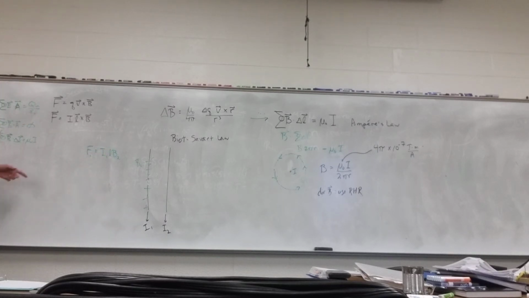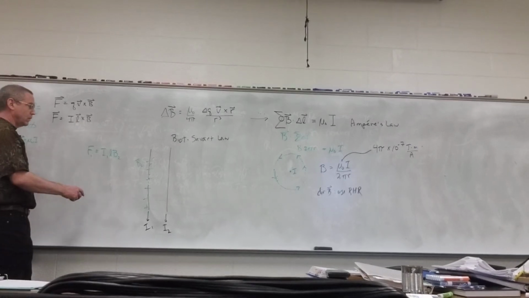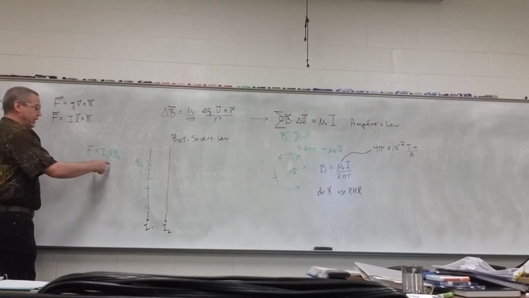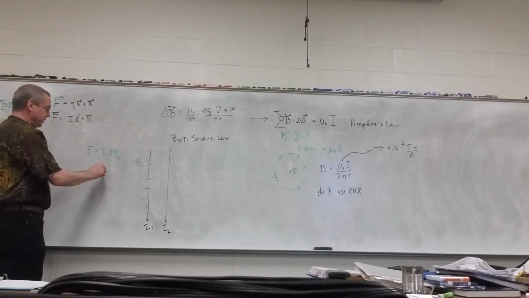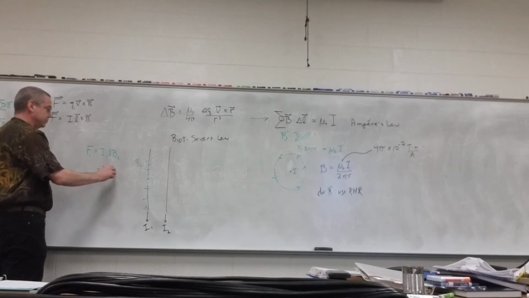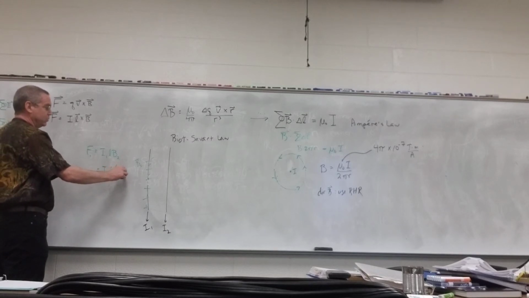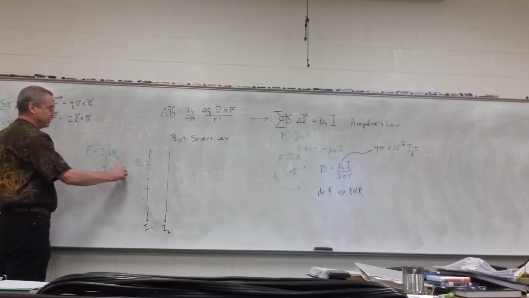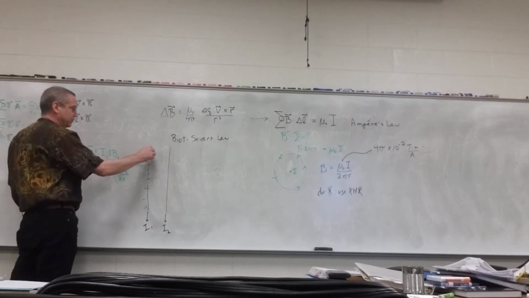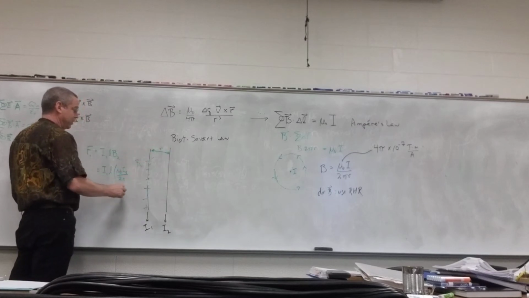They're already perpendicular, so the magnitude of the cross product is just the product of the magnitudes. I know the magnetic field created by 2. We wrote the formula over there. So this becomes I1 L times mu naught I2 over 2 pi times the distance between them. We call that probably R.